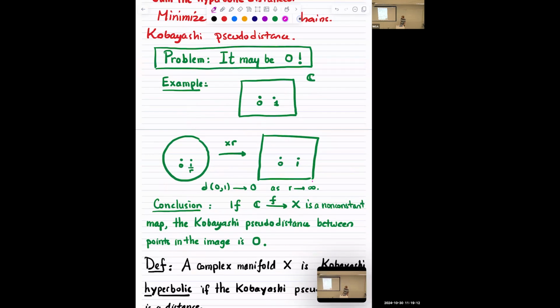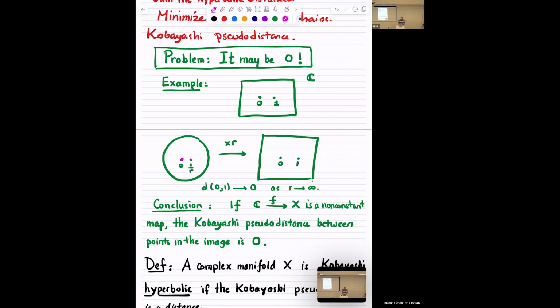Let's look at an example. For instance, if I take the complex plane, say that I want to find the distance between 0 and 1. I need to take a 2 pointed disk and put it in 0 and 1. What you can do is take the disk with, let's say, the points 0 and 1/r, and multiply it by r.